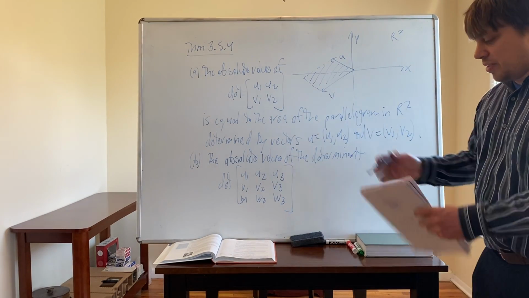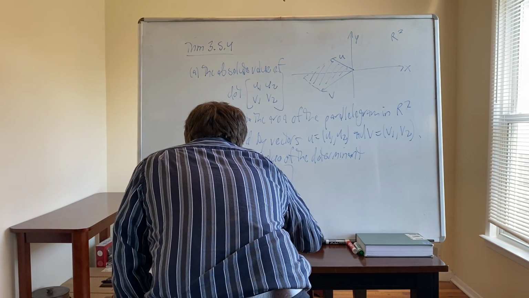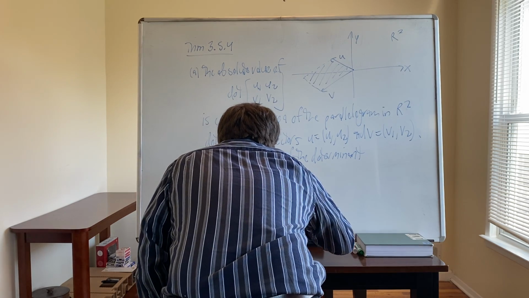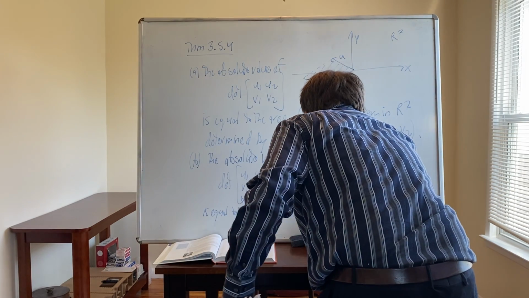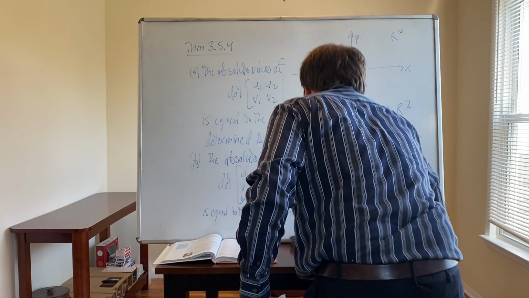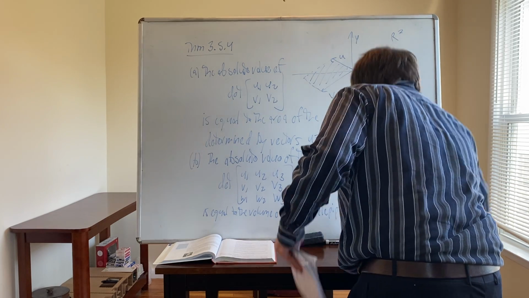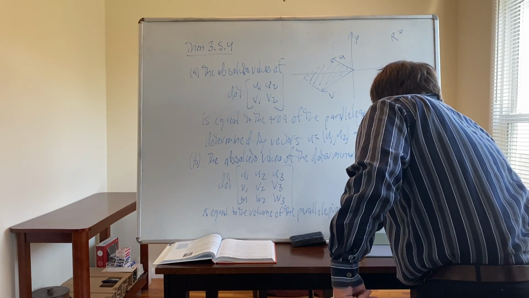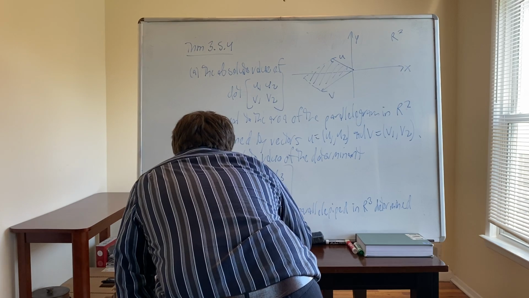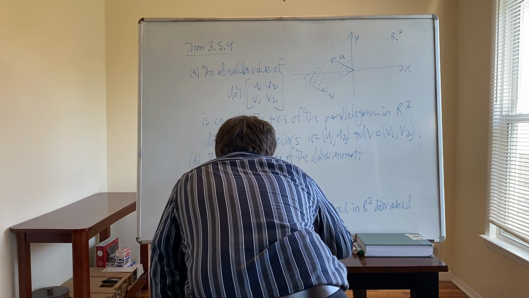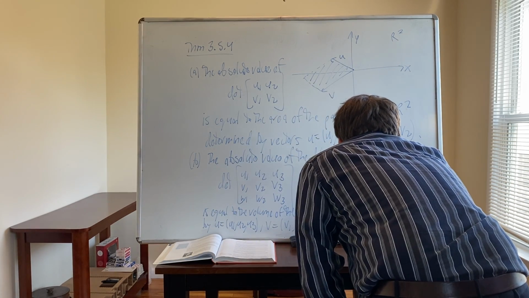So the absolute value of the determinant of that is equal to the volume of the parallelepiped in 3-space determined by u, which is u1, u2, u3, v, which is v1, v2, v3, and w, which is w1, w2, w3.